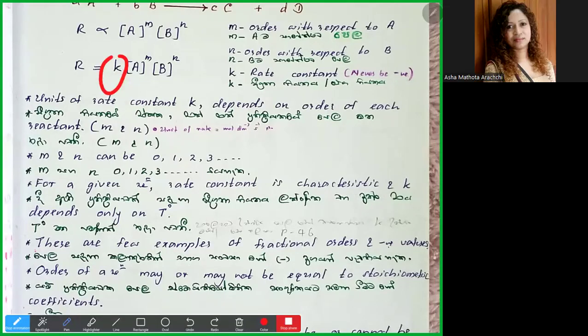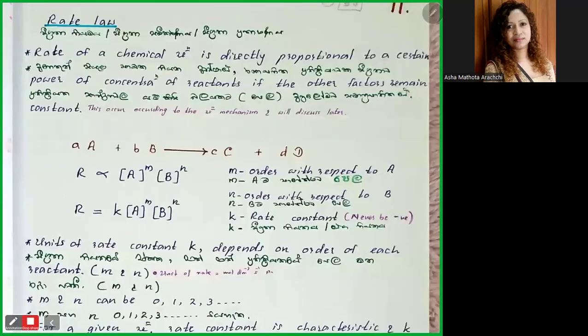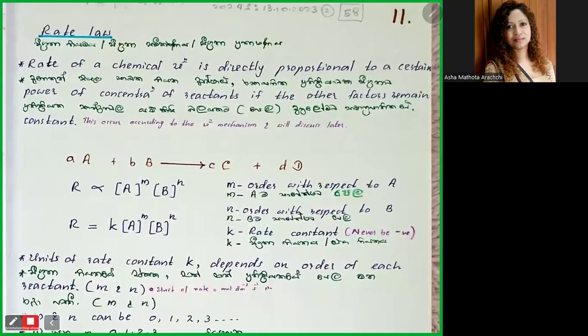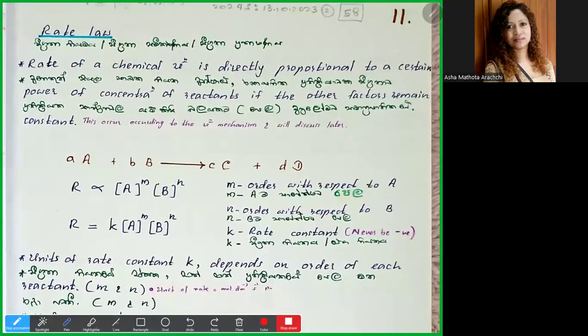It depends only on the temperature, same as the equilibrium constant. Equilibrium constant and rate constant depend only on the temperature. So let's write all this little information, and then talk one by one about these different orders. The topic is rate law. Let's write points.